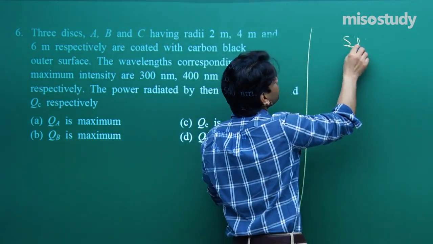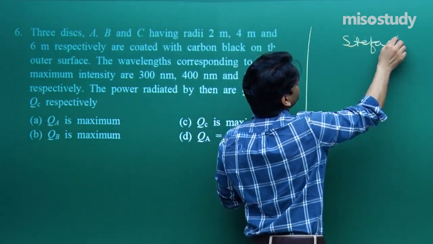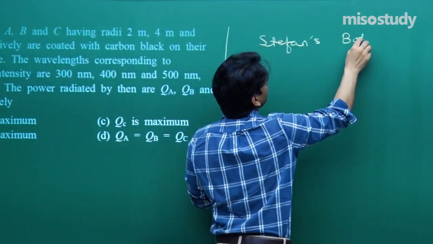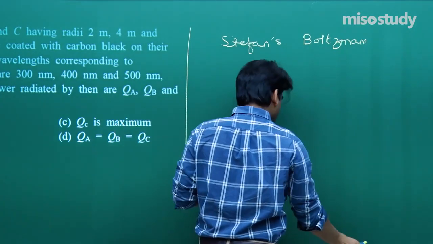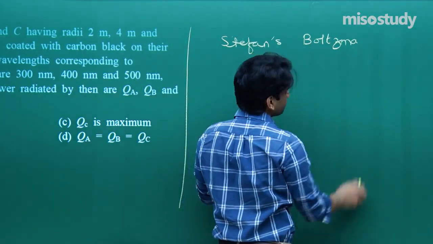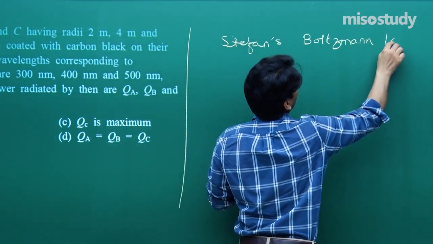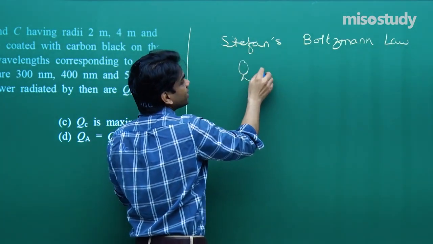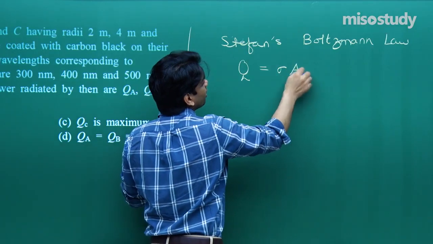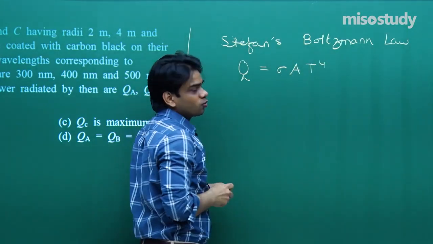So from Stefan's law, or the Stefan-Boltzmann law, we know that the power emitted Q is equal to sigma A T to the power 4. This is what we know.